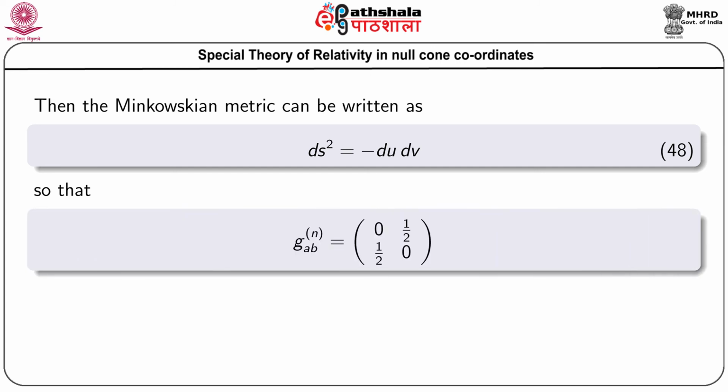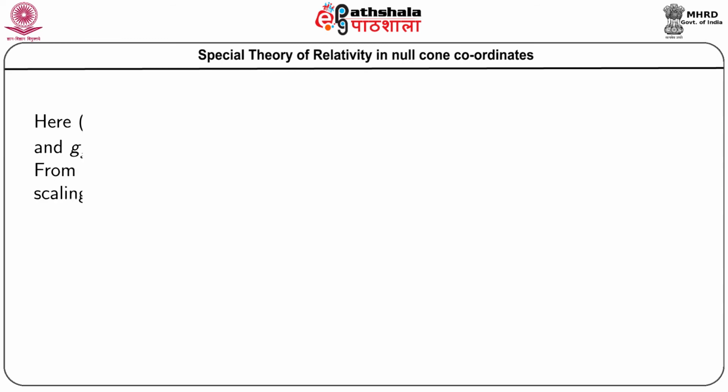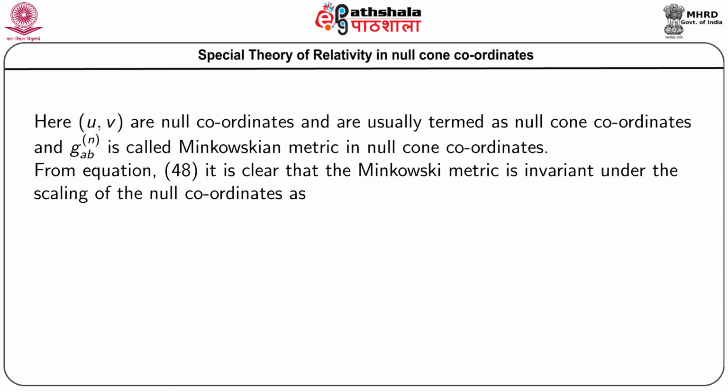So, in the above expression, G_AB will be the matrix (0, ½; ½, 0), with A, B running from 0 and 1 and x0 equals u and x1 equals v. Here u, v are null coordinates and are usually termed as null cone coordinates, and G_AB is called the Minkowskian metric in null cone coordinates.